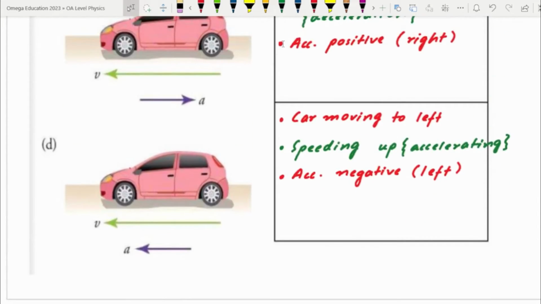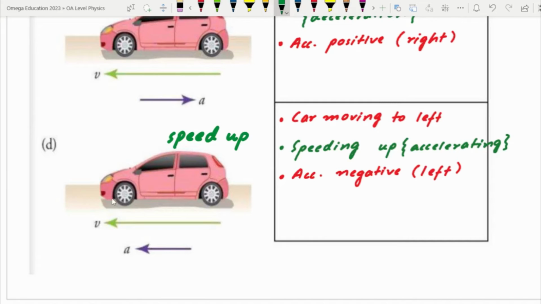So here we take a look at the last example. You have this vehicle, and we say that the object is speeding up. This is given as the information, object is speeding up. Now if the object is speeding up, then that means the resultant force would be towards the left side.